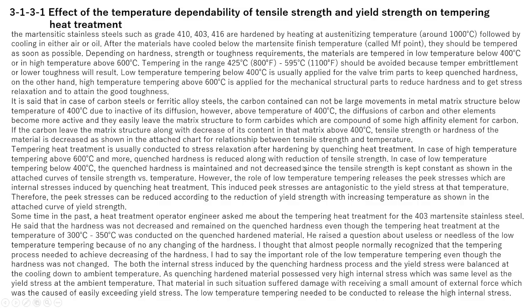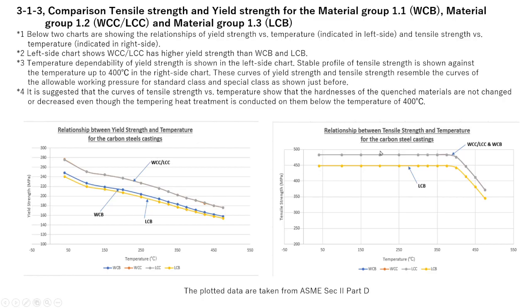In the case of low temperature tempering below 400 degrees Celsius, the quenched hardness is maintained and not decreased, since the tensile strength is kept constant, as shown in the attached curve of tensile strength versus temperature.